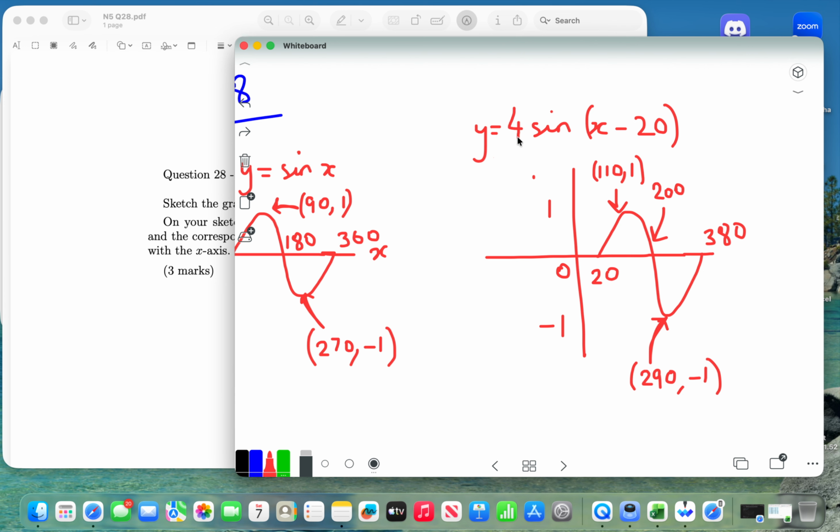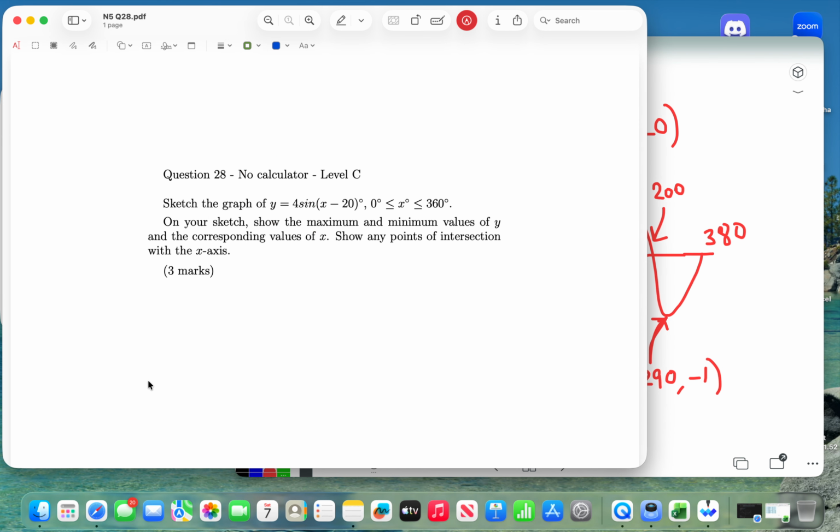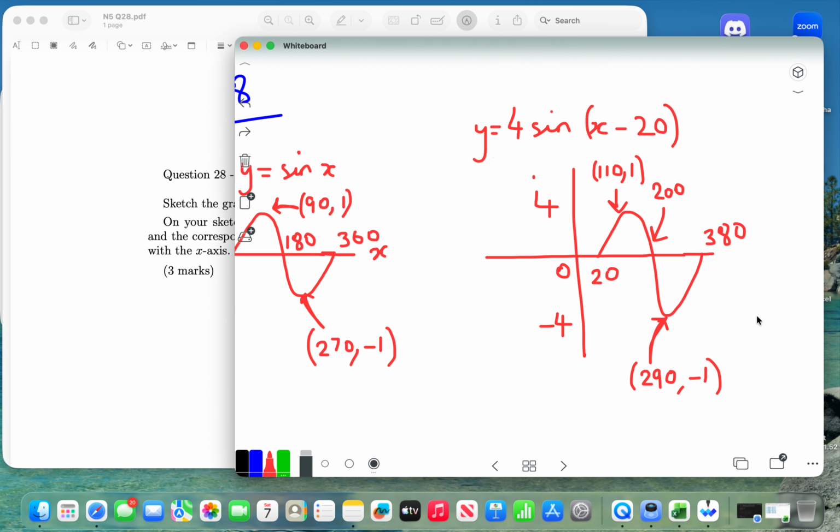This means that the maximum and the minimum have to both be multiplied by 4. So that's 4 and minus 4. So that's the graph that we needed, isn't it? We've moved it to the right and we've scaled along the y-axis.